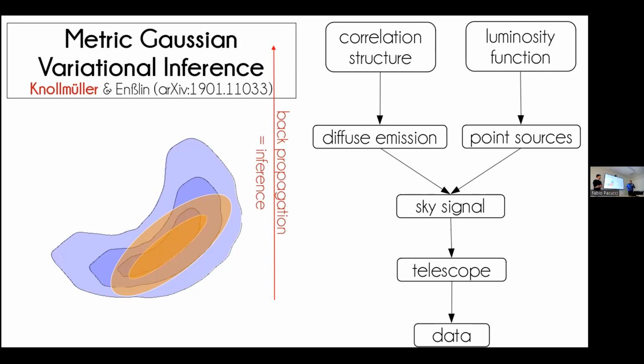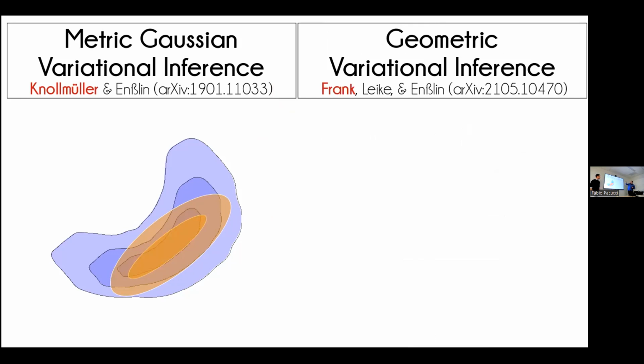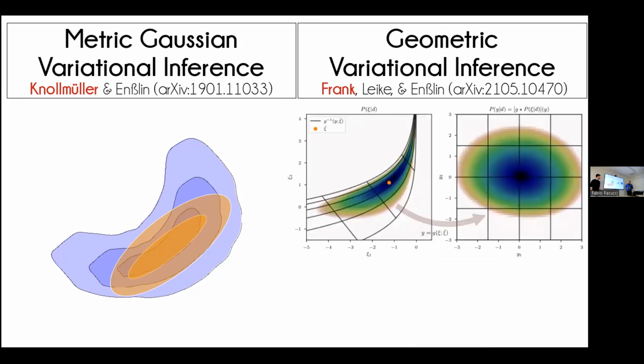Okay, that is metric Gaussian variational inference. But you see directly, it's not a perfect description of this probability distribution. Therefore, another extremely bright student named Philipp has developed geometric variational inference, where he puts on top of our models another layer where this posterior gets mapped to another coordinate system where it becomes roughly Gaussian.